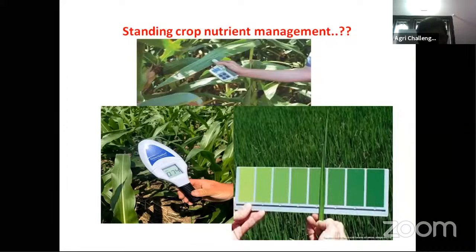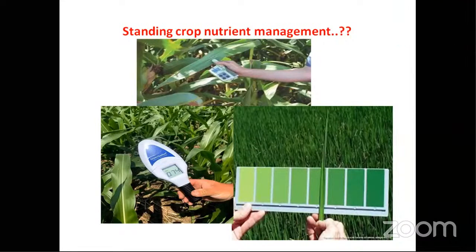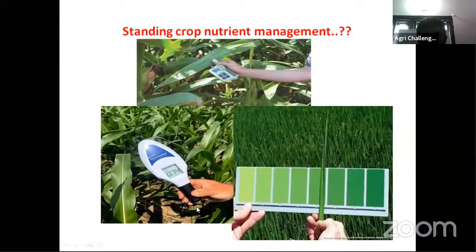If possible, go for grid soil sampling or site-specific nutrient management with variable rate technology. These tell how much to apply and where to apply. In site-specific management, where to apply will also be considered.